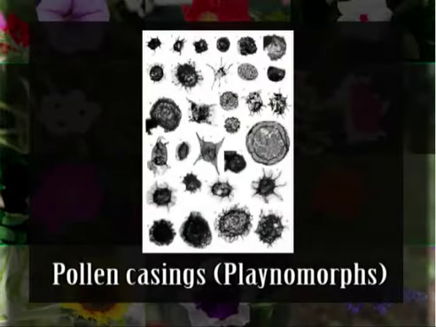Based on the recovery and study of fossil pollen casings recovered from deep sea drill holes, Hochuli and Feist-Burkhardt in 2004 suggested that early flowering plants might have evolved in a boreal cradle.